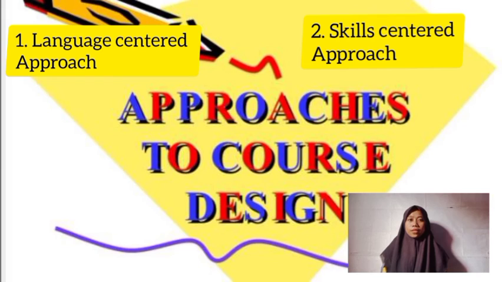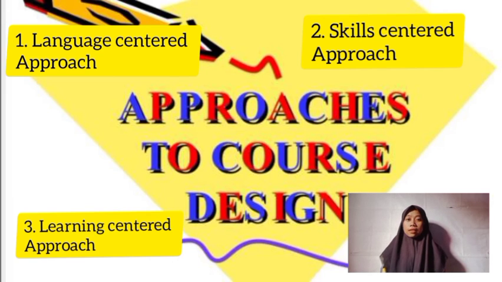This approach aims to provide opportunities for students to use and evaluate skills and strategies that are deemed necessary in learning. Then the third is the learning-centered approach. This approach has the principle that learning is determined by the learner in total.